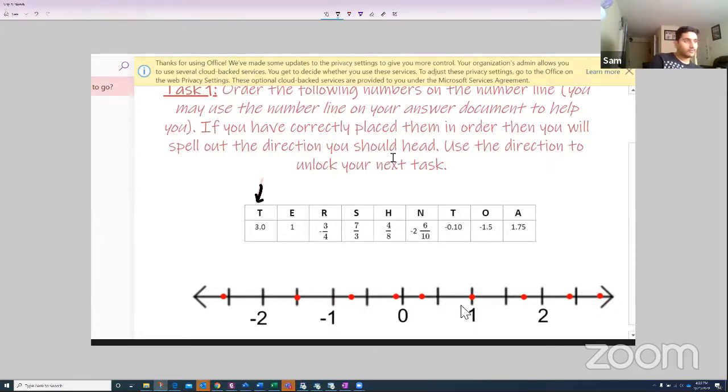And so this is the 1, right? And this is 2 right here. And this is 2.5. And another 3 is gonna be somewhere right here. So this is a 3 right here. That means the T lies on this point right here.